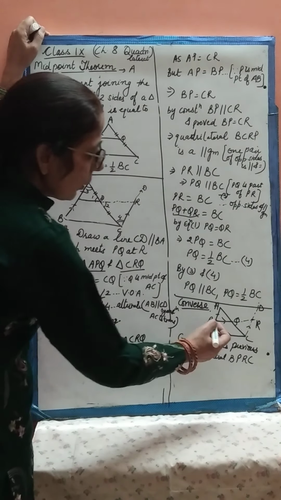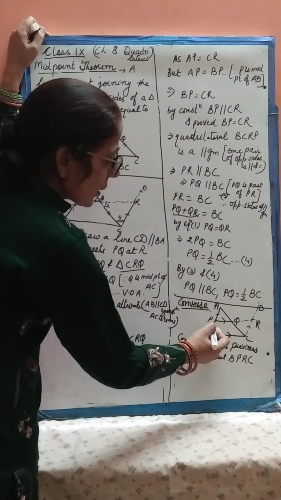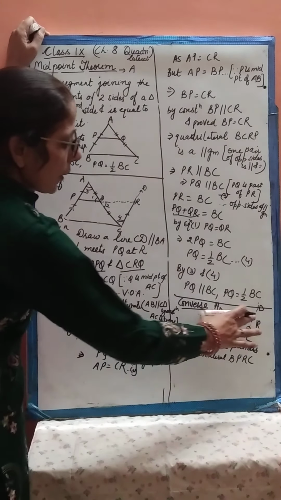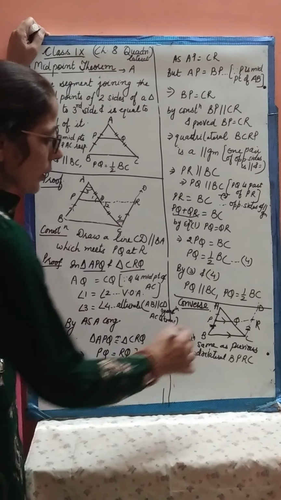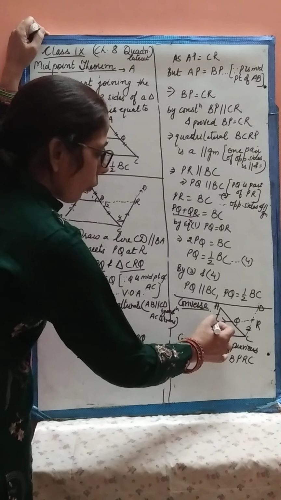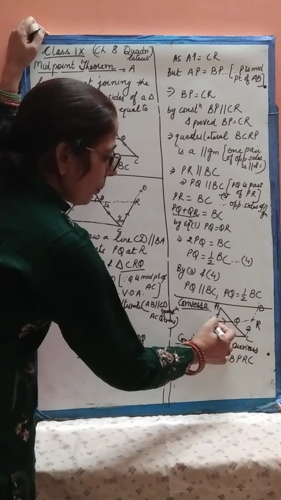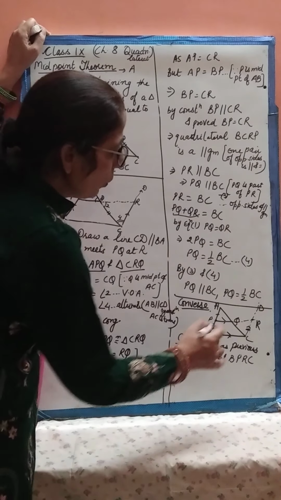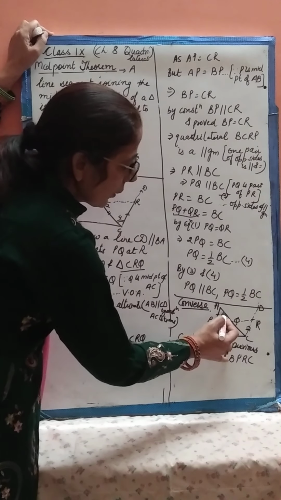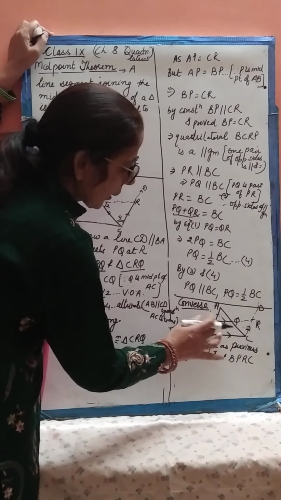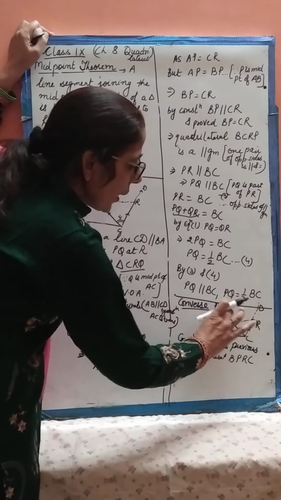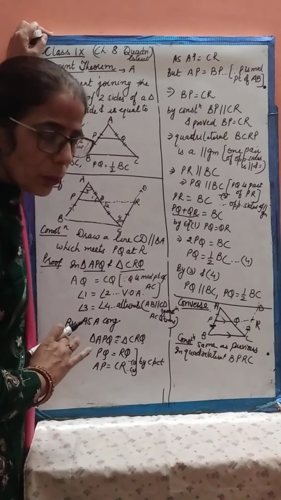If it is a parallelogram, then this side will be equal to this side, right? And this whole side will be equal to this. Now this is sufficient for us, that this is a parallelogram and this side is parallel to this and this is equal to this. Now in these two triangles, because P is the midpoint and BP is equal to CR, it means AP is also equal to CR.